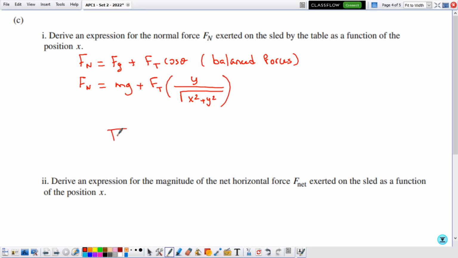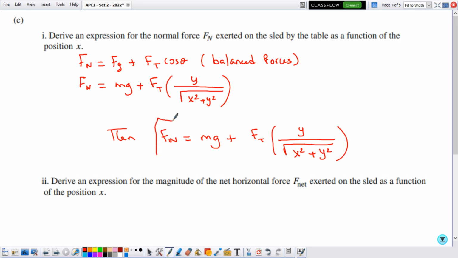Then the normal push, let me again state my answer clearly. Then the normal push is given by mg plus Ft multiplied by y divided by radical x square plus y square, and now let me close the bracket, and that would be the final answer for C idea 1.